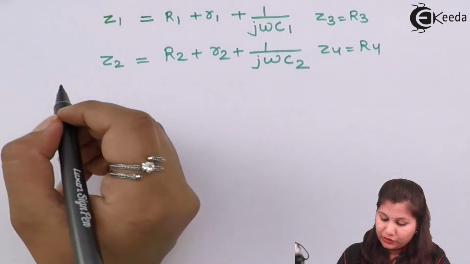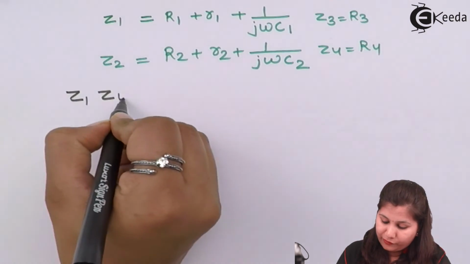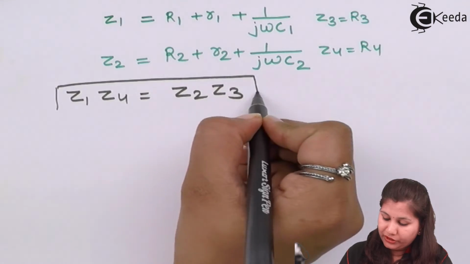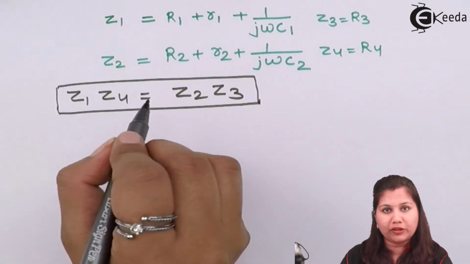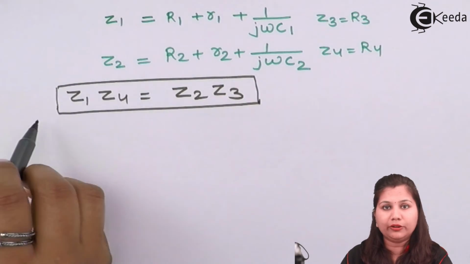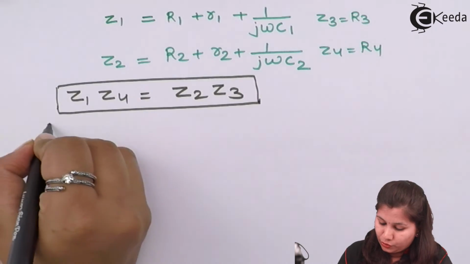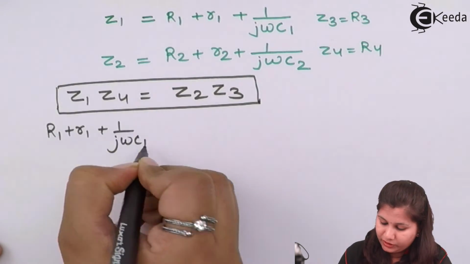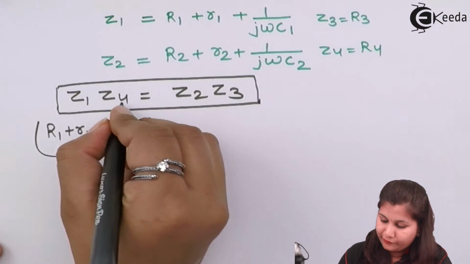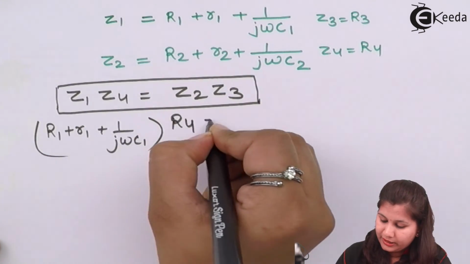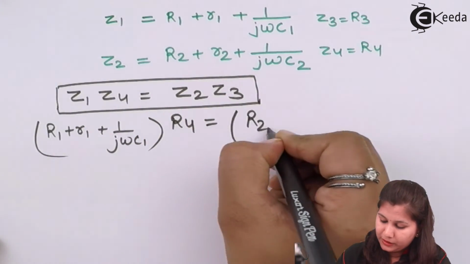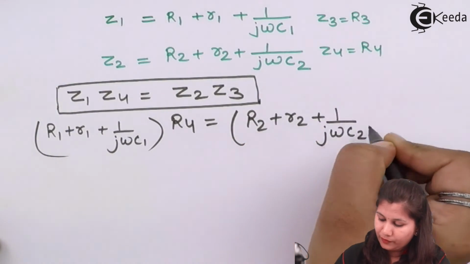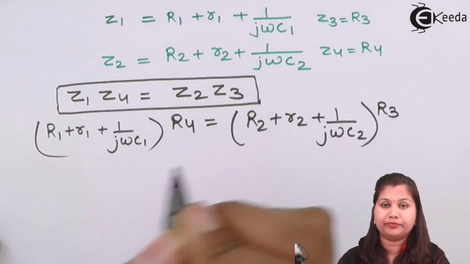So the balance equation we were having was Z1 Z4 is equal to Z2 Z3. We are going to put the value of the impedances in this balance equation so as to get the value of the unknown impedance. So R1 plus small r1 plus 1 upon j omega C1 multiplied with Z4, which is R4, equals Z2, which is R2 plus small r2 plus 1 upon j omega C2, multiplied with R3.